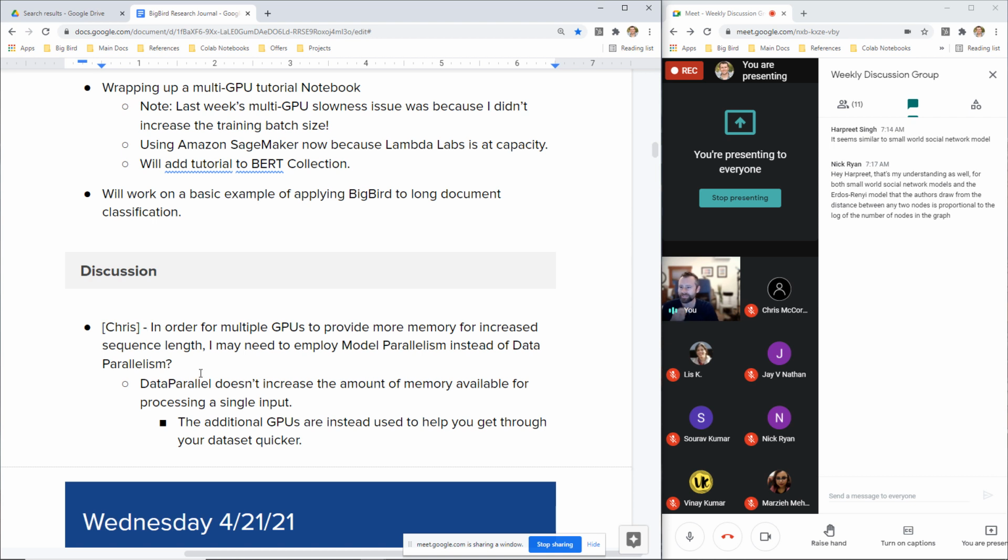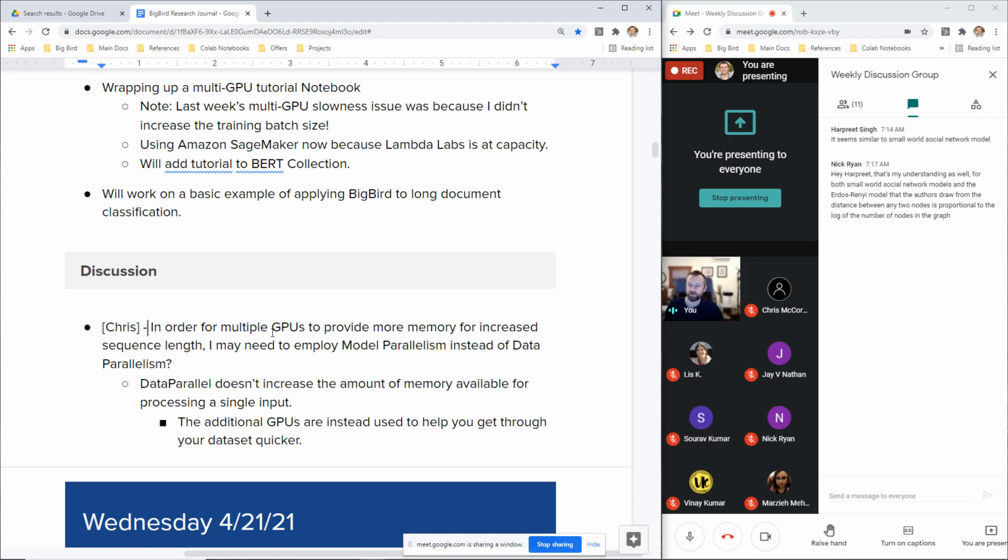So we can move on to some discussion here. One question I have, maybe for myself, if anyone wants to weigh in, great. Something I realized about using multiple GPUs for BigBird is that these long sequences require a lot of memory, and even with BigBird's simplifications, you can still run out of memory pretty quickly on a single GPU.